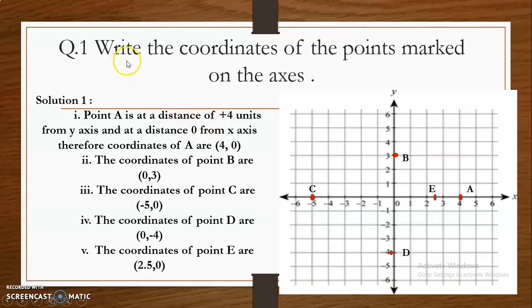The first question is, write the coordinates of the points marked on the axis. You can see the x-axis and y-axis forming this Cartesian plane. You can also observe some points on the axis, that is A, B, C, D and E. These points are lying either on the x-axis or on the y-axis.